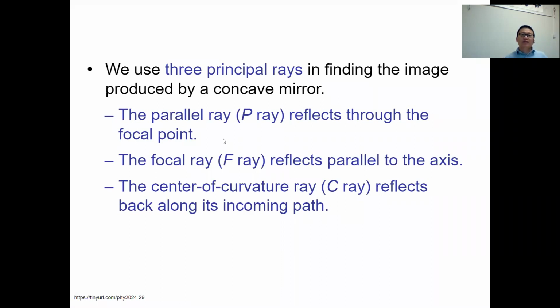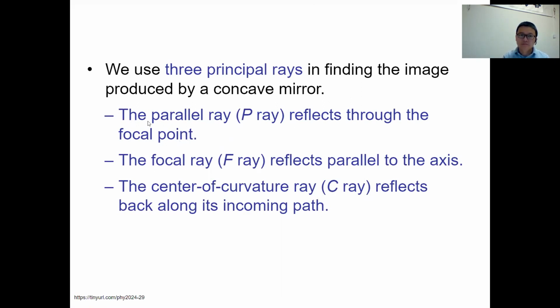So now let's take a look at the image of an object in a spherical mirror. We can use three principal rays to find the image produced by either a concave mirror or a convex mirror, but let's look at the concave mirror case.